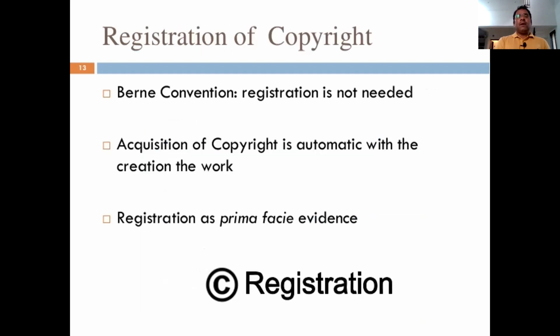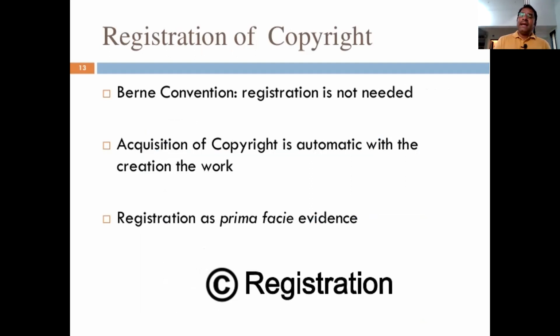Registration of copyright. Now the question is whether registration of copyright is necessary or essential. Suppose for a work, the Berne Convention is applicable, there is no registration needed. Then acquisition of copyright is automatic with the creation of a work.